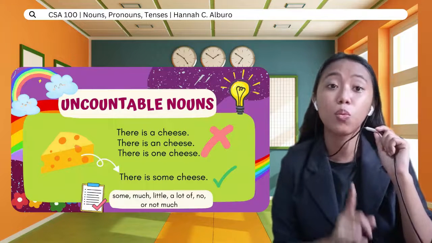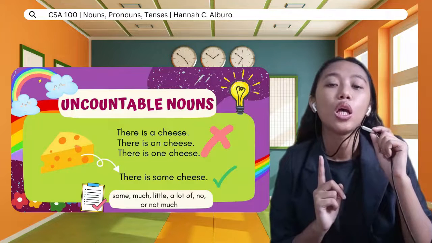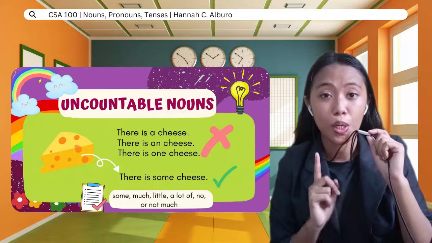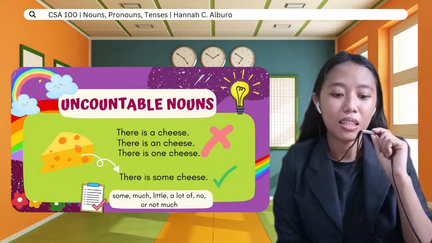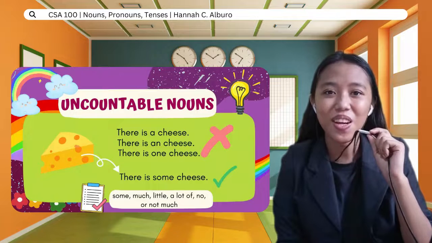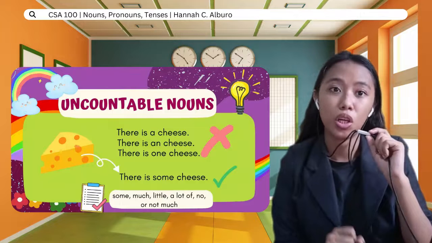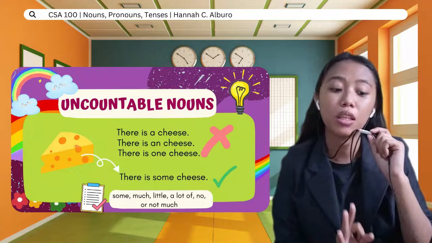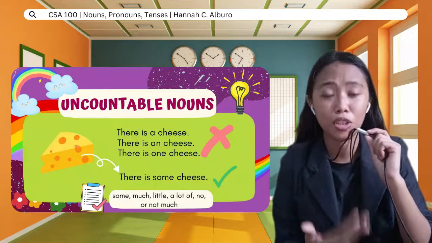Next, "there is one cheese." Again, we cannot use a number together with uncountable nouns. Instead, we can say "there is some cheese." We can use the words some, much, little, a lot of, no, or not much to tell how much cheese there is.